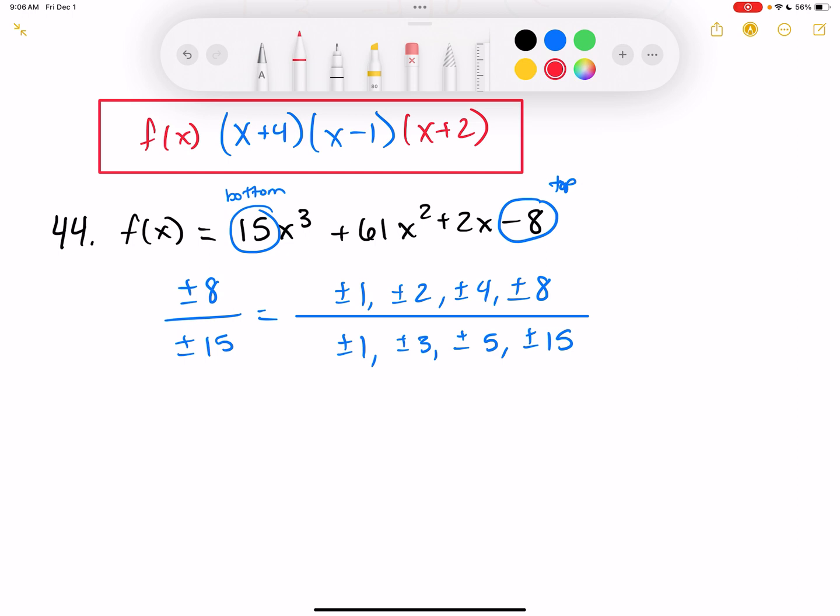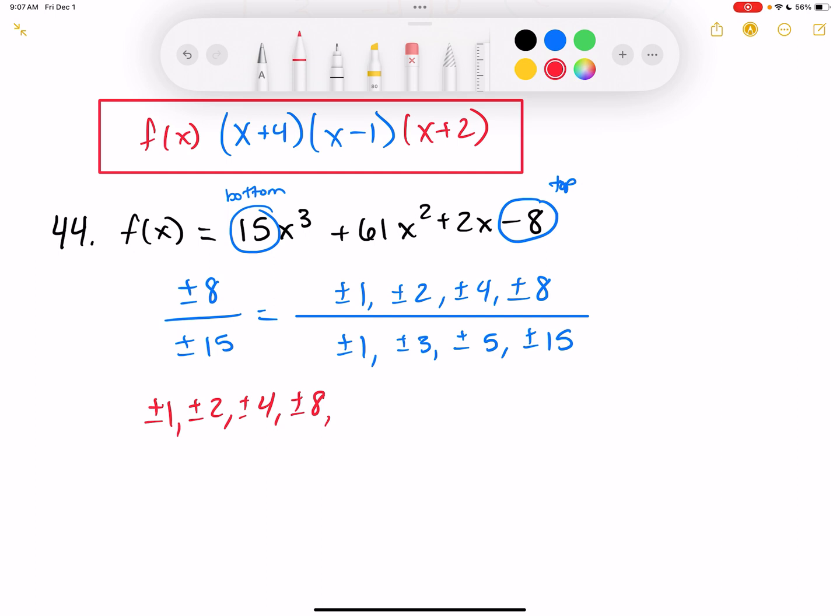Initially I'm going to have 1 over 1, 2 over 1, 4 over 1, and 8 over 1, so I'll just write them as the whole numbers: 1, 2, 4, and 8. Then I'm going to have each of these numbers on top over 3. If at any point I get to something that can reduce to one I've already written, I don't write it again. I don't know if this one will have any, but sometimes it does.